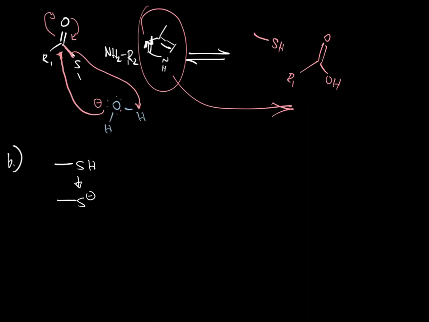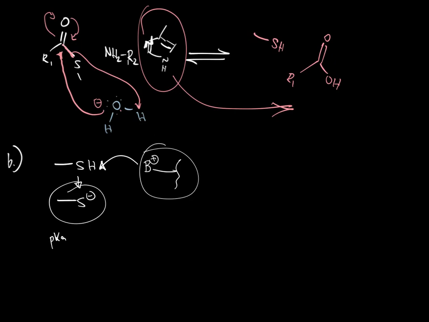We have the base, and the base has to be positively charged in the beginning so that it can first abstract the hydrogen from here. So we need a positive base, and we need a negative. So we need a protonated base and a deprotonated nucleophile.